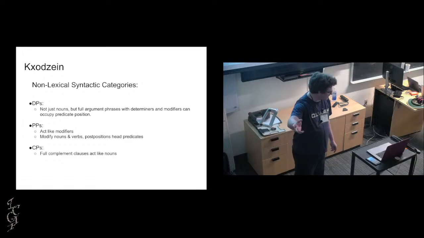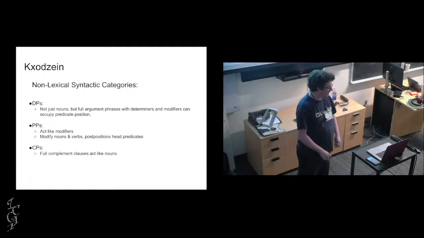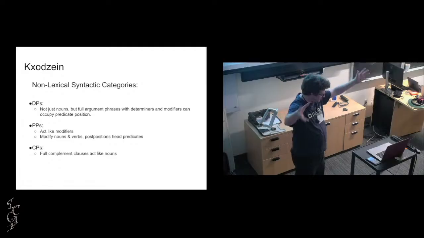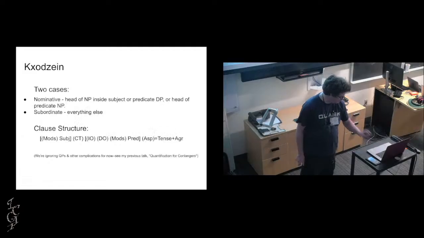Postpositional phrases, there are postpositions, but you don't have a whole postpositional phrase without adding something else to it. It can't be just a single word. Full CPs, clause phrases, there's no single words that just are a clause by themselves. But it turns out all of these also can function in the head of a predicate.